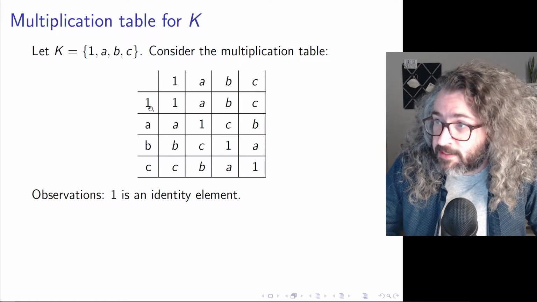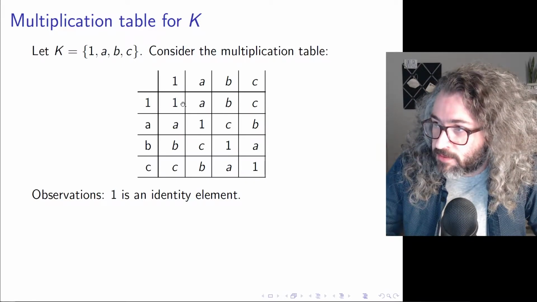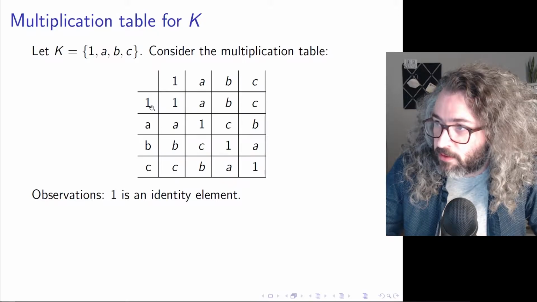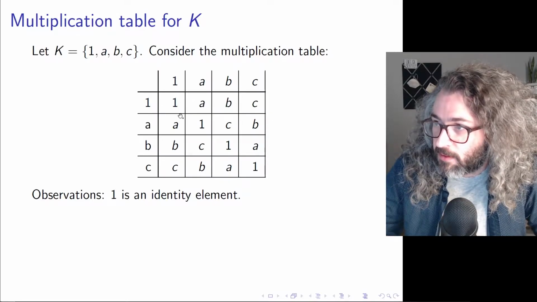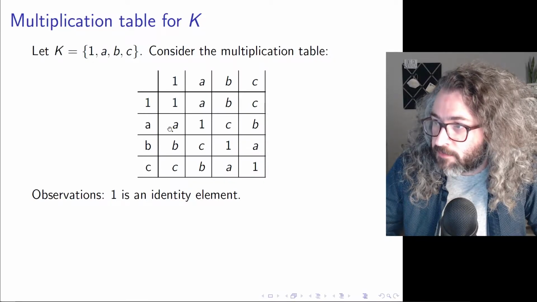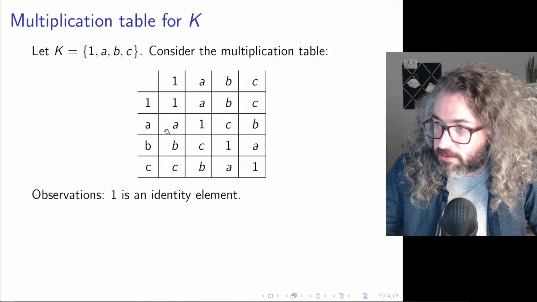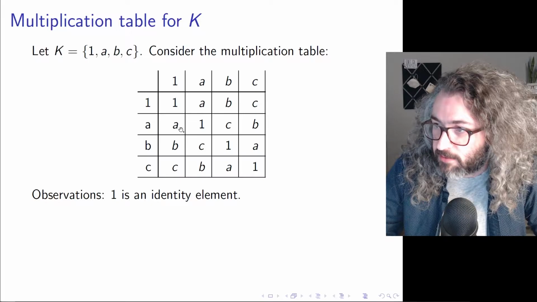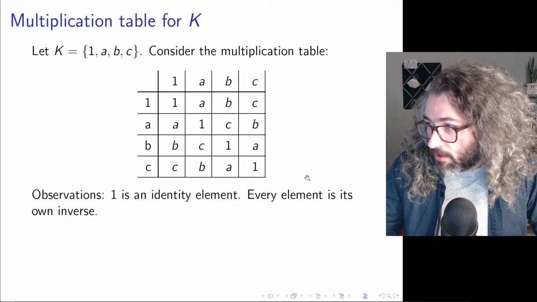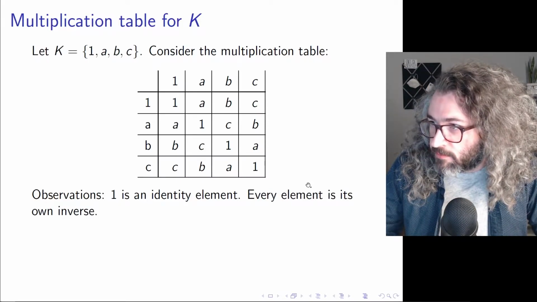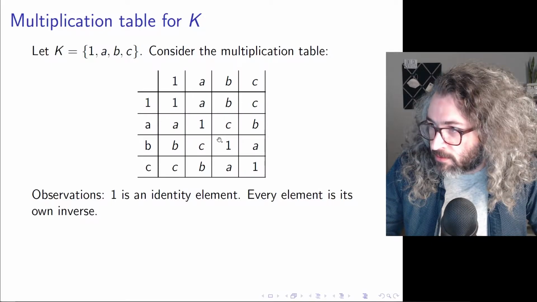1 is an identity element, so the top row says if you multiply by 1 on the left, you don't change the thing you're multiplying. And the leftmost column says if you multiply by 1 on the right, you just get the same thing back. A times 1 is equal to A. Every element is its own inverse, so you can see that by looking along the diagonal.